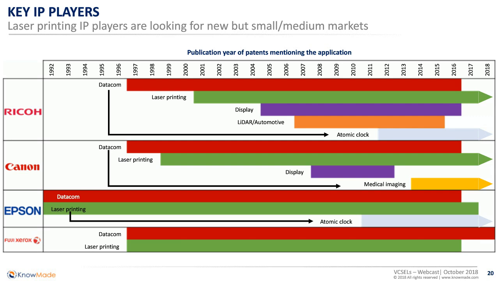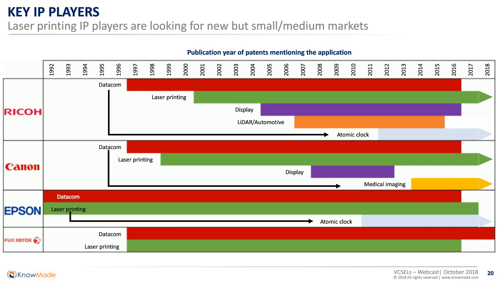So for these 2 applications, it's really a matter of main IP players that are going from one activity to another and to other applications. But now if we want to understand what is happening to the killer application, so the 3D sensing, we have to look at different aspects, and that's a little bit more tricky to understand.